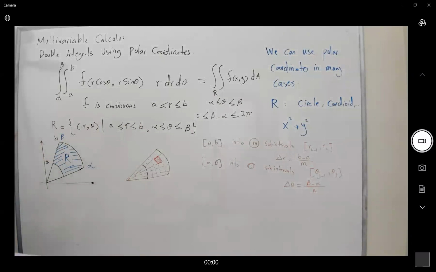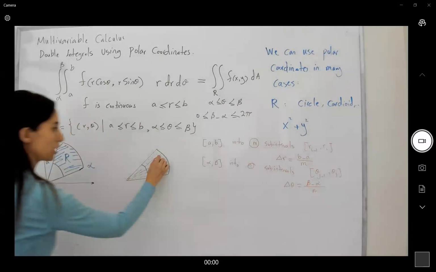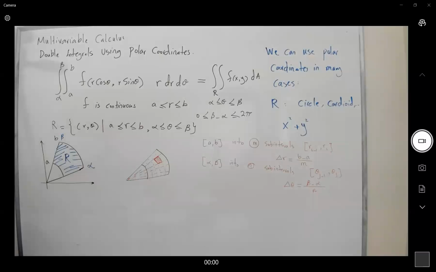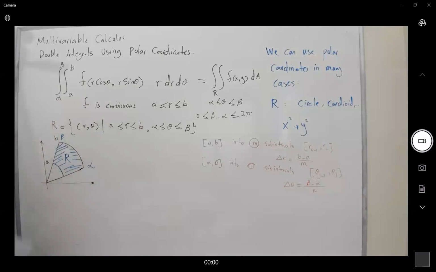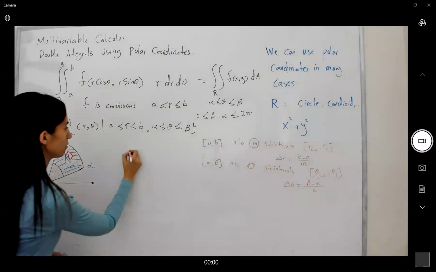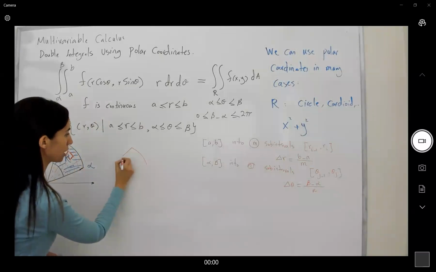So let us take a look at this. I'm just trying to take this piece and visualize it better for you. What I did is slice this up, with my a, my b, and my theta. I'm taking just this little piece here. The information that we have for this little piece is as follows.